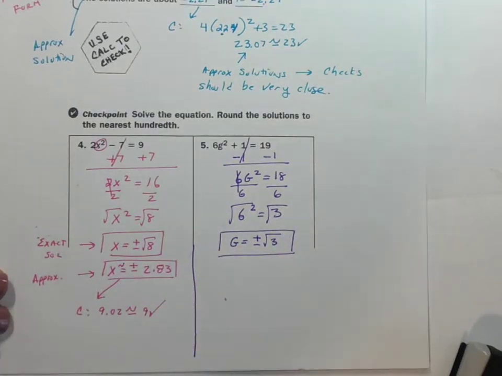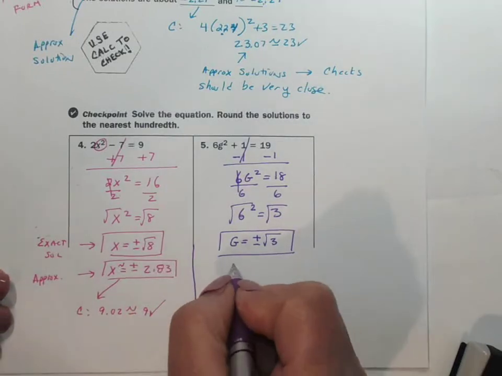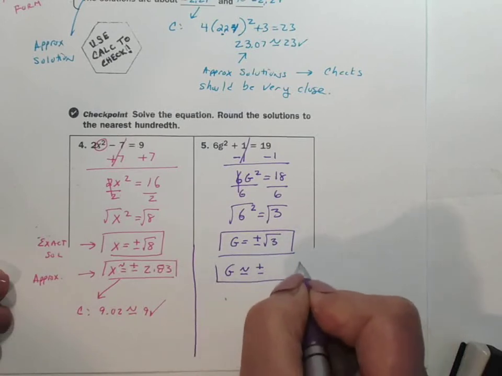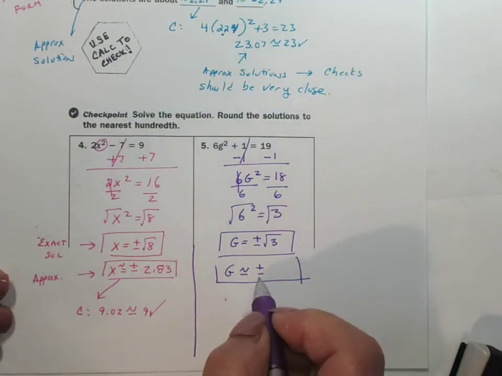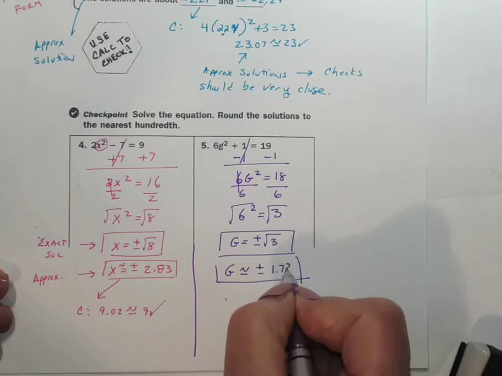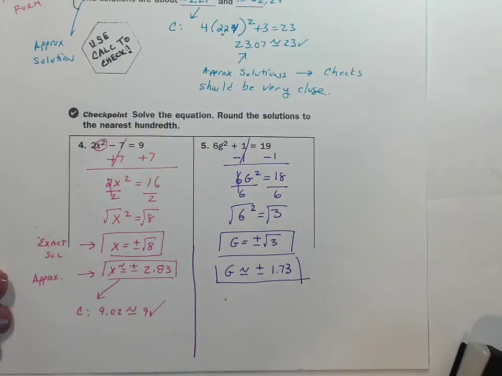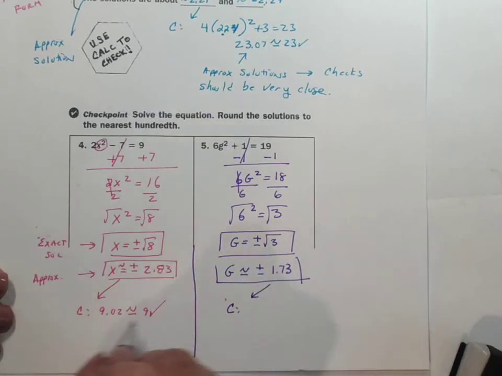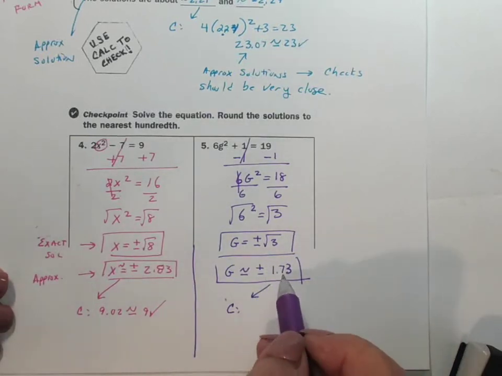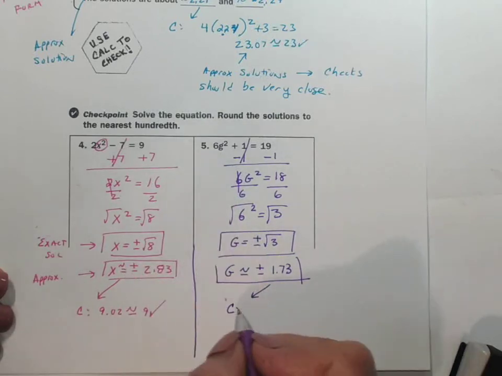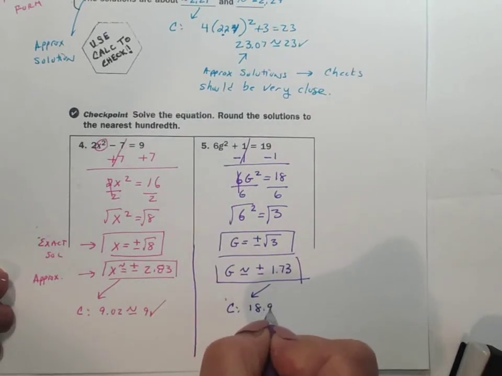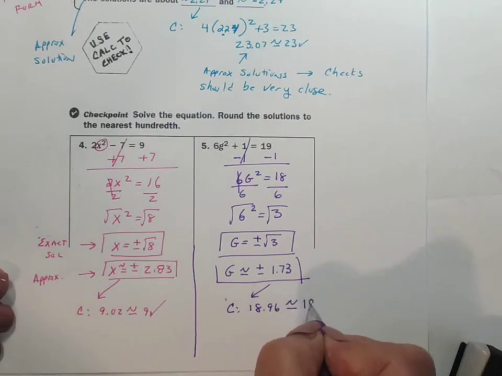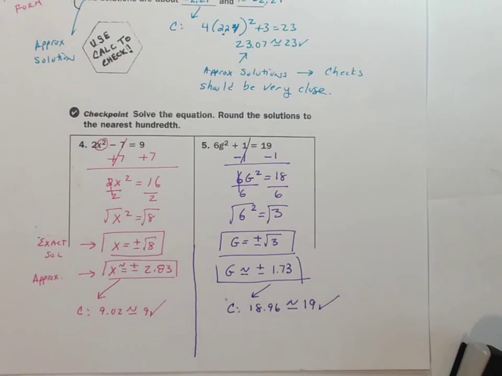That is the exact solution. G is approximately equal to plus and minus 1.73. And if I check that answer, I put that into the calculator, and you should get 18.96, which is approximately equal to 19, and there you go.